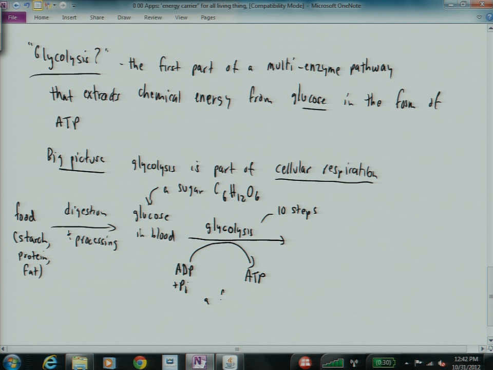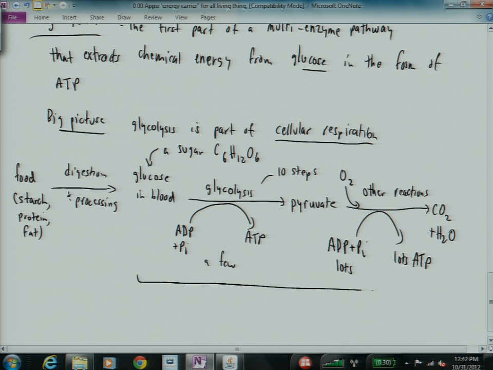And then there are some other reactions that turn the pyruvate into carbon dioxide and water, and they take in oxygen, O2. And they take in a lot of ADP plus phosphates, a lot, and make lots of ATP. And this reaction happens inside each cell, right?